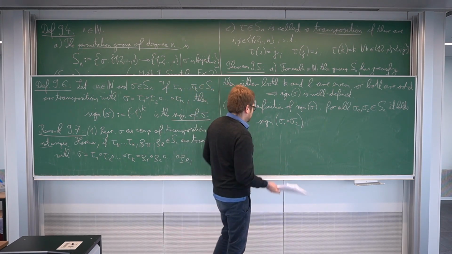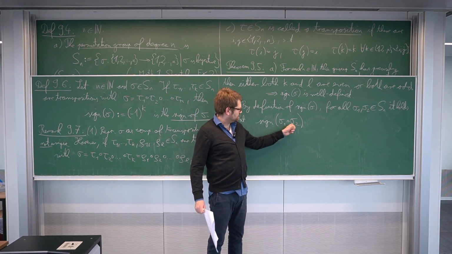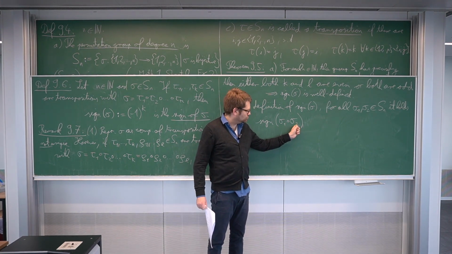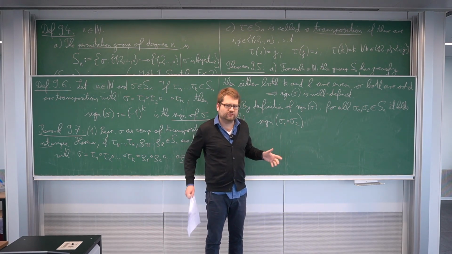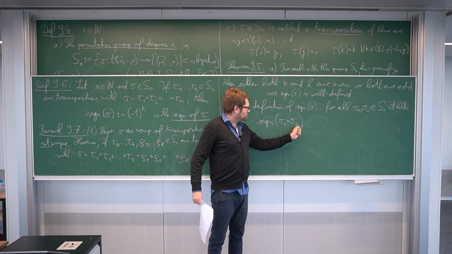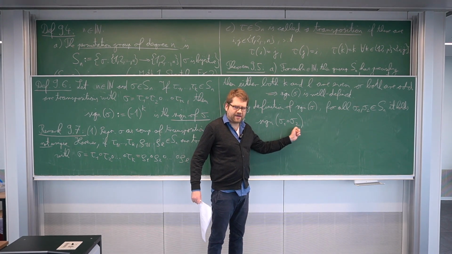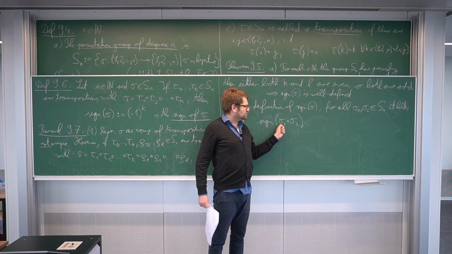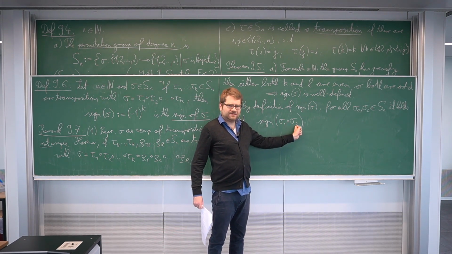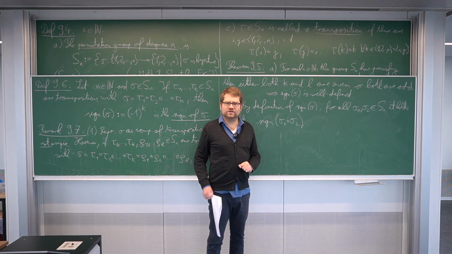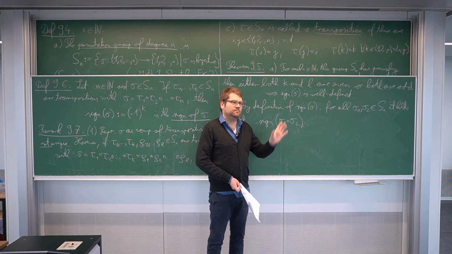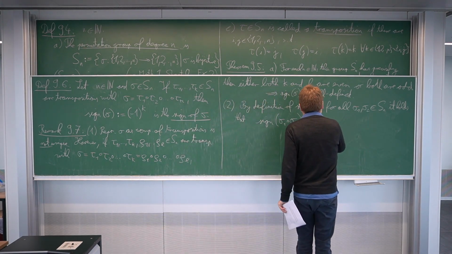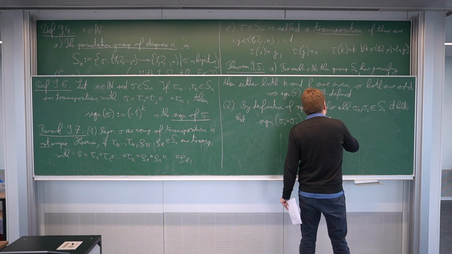We know that if we need k many transpositions for sigma 1 and L many transpositions to get sigma 2, we just have to do them one after another, all of them. So we need k plus L many transpositions to get there. Now, if sigma 1 has sign minus 1 to the k and sigma 2 has minus 1 to the L, the result must then have minus 1 to the k plus L, which is the same as minus 1 to the k times minus 1 to the L. And by this argument, we get that the sign of the composition is the product of the two signs.